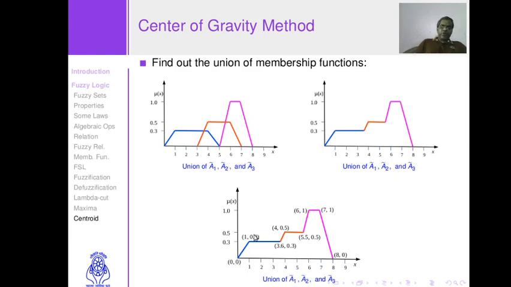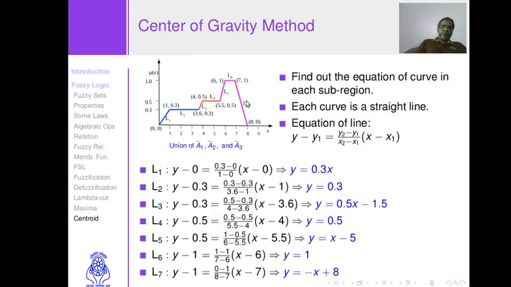Now find out the points of these corners so that we have endpoints for every segment. Divide it into segments like this: first segment, second segment, third segment, fourth segment, fifth segment, sixth segment, and this is the seventh segment. Every segment is represented by a line labeled L1, L2, L3, L4 up to L7.